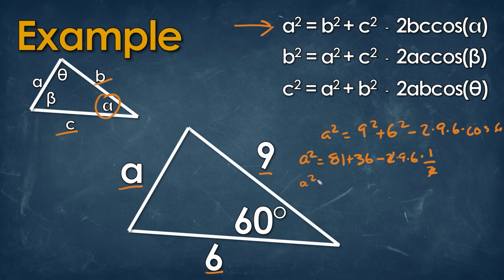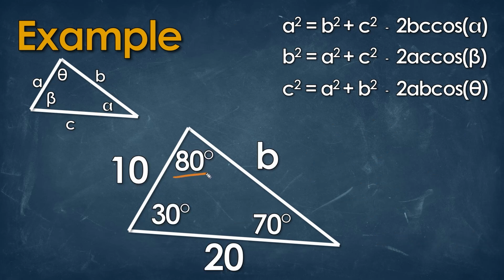If we add this all together, we get 117 minus 9 times 6, which is 54. So 117 minus 54 gives us 63. Now we have A squared is equal to 63. We'll take the square root of both sides, so A will be roughly equal to 7.94, or the square root of 63.